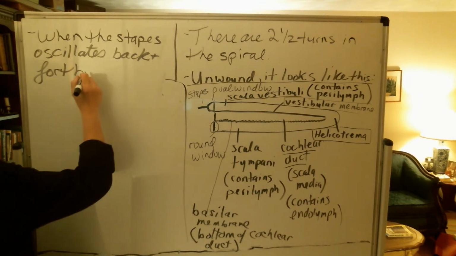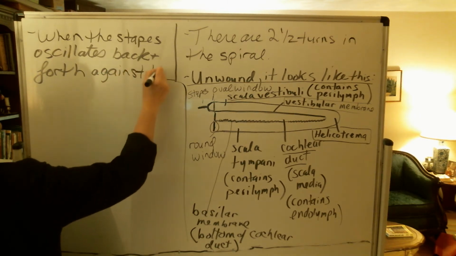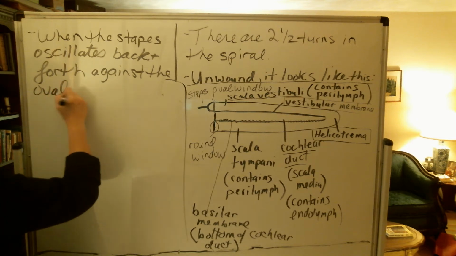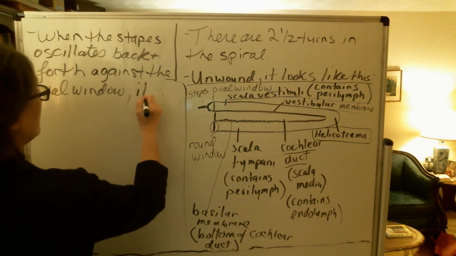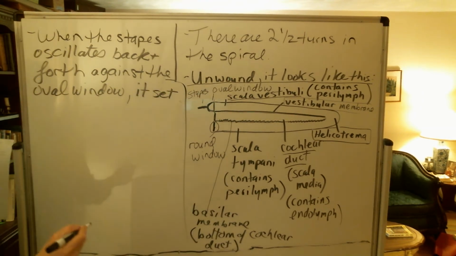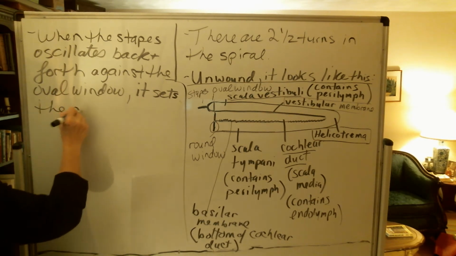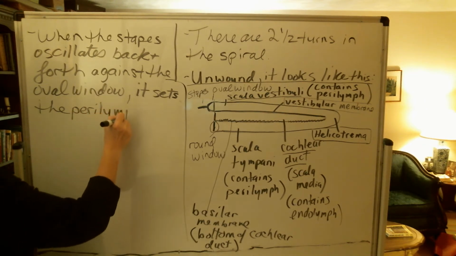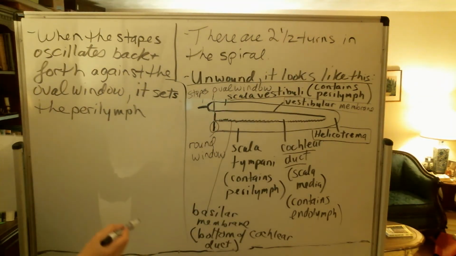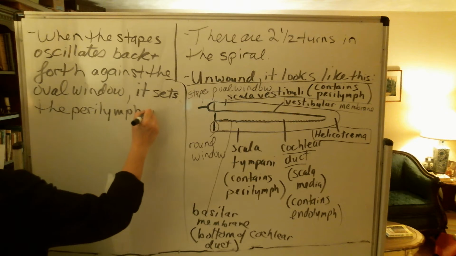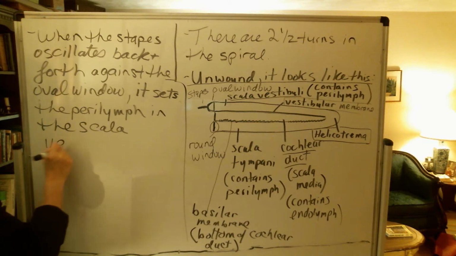So when it oscillates back and forth against the oval window, it sets the perilymph in the scala vestibuli in a similar back and forth motion.